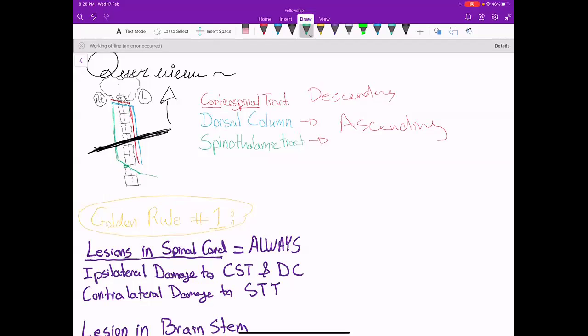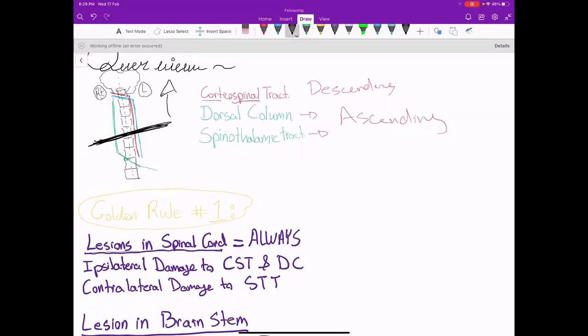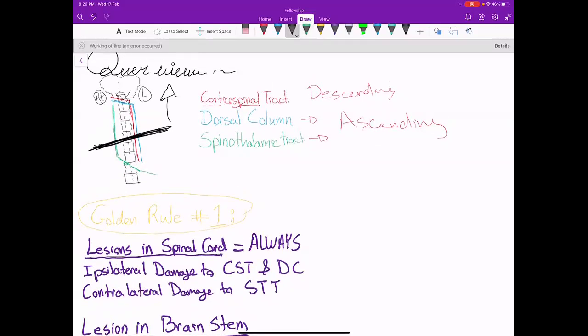If the right spinothalamic tract, in this case, we're going to be damaging the right side, which decussates to the other side. I'm going to show you in a diagram in just a second. Just bear with me. Now, if we have a lesion in the brainstem, which is going to be above over here, can you appreciate that everything is on the same side?